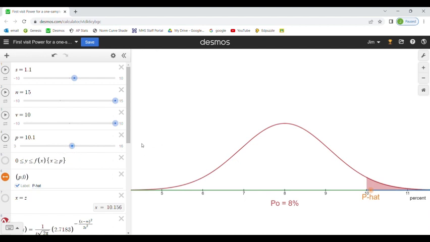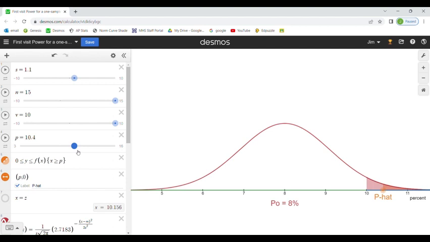So the further out we are, the smaller that little shaded region is. You almost can't even see it because of the red there. Once that shaded region is smaller than the red region, which is our alpha level, then we're going to reject that the true proportion of blemishes is 8%, and instead we're going to think it's higher than 8%.